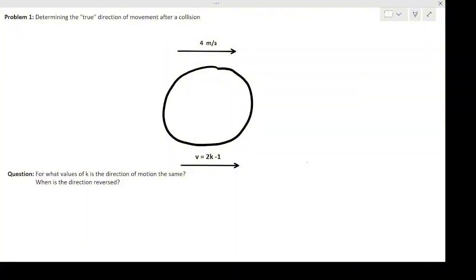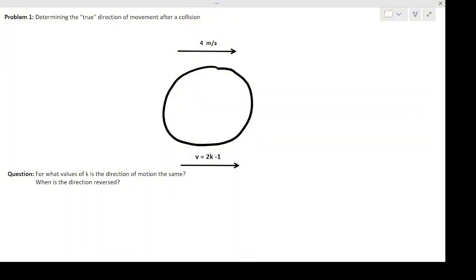So I've got this problem first. I've got this particle, this ball, and initially it's going forward with speed 4, and afterwards we're still taking it to go forwards with this expression v of 2k minus 1. Now the question I'm asking is, for what values of k is the direction of motion the same, and when is it reversed?